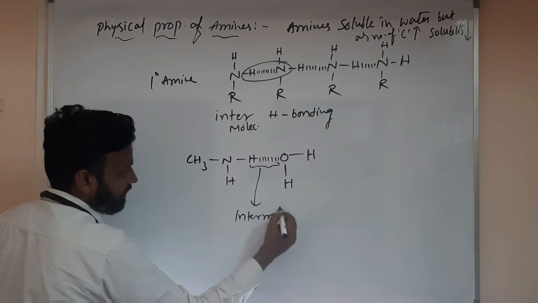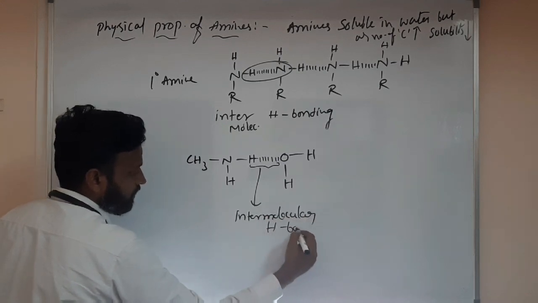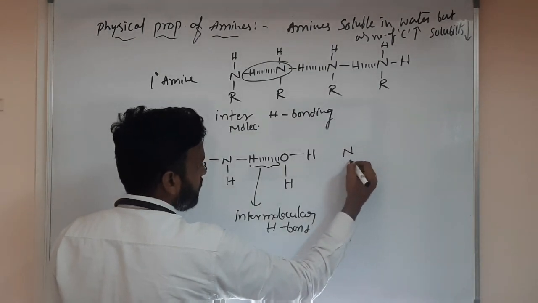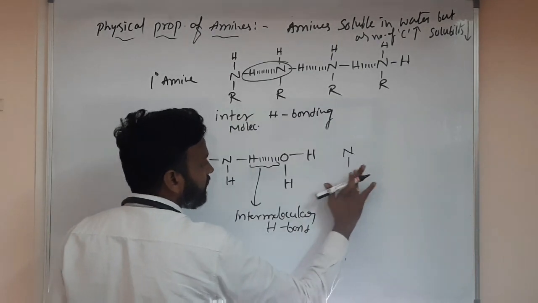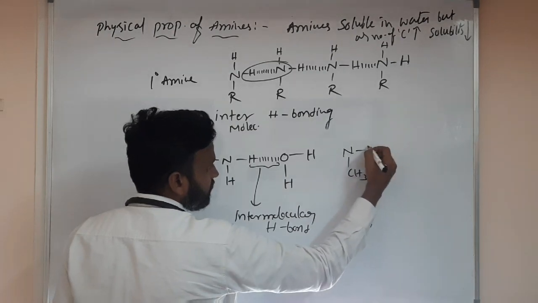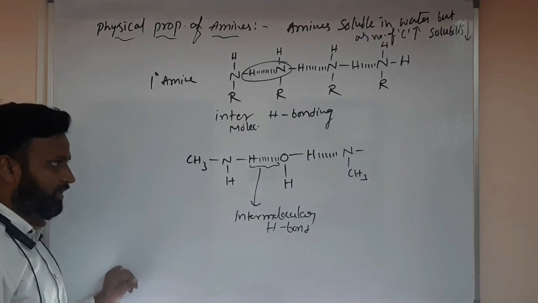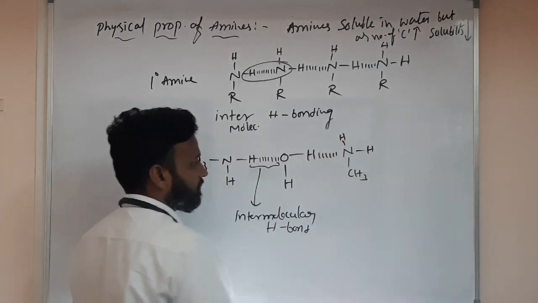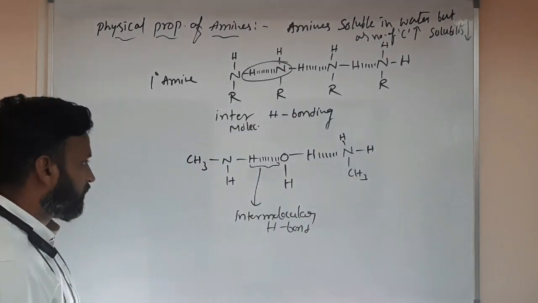As I said, intermolecular H bond, intermolecular hydrogen bond. If you take another one, N and R, meaning some methyl here, and you have water like this, and H like this, there is a hydrogen bond. Hydrogen bonding is possible here.